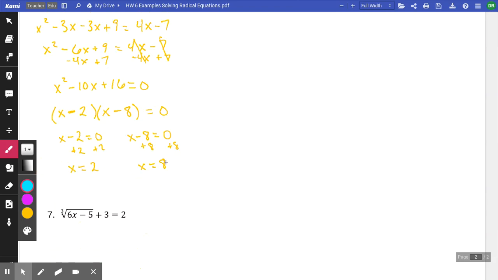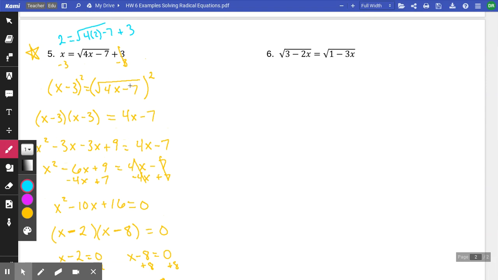So let's check the 8. Does the 8 work for us? Well, same steps. Okay, so let's try 8 anywhere I have the letter x. So 8 equals the square root of 4 times 8 minus 7, and then plus 3. And here's what's going to happen here. 4 times 8 is 32, minus 7 is 25.